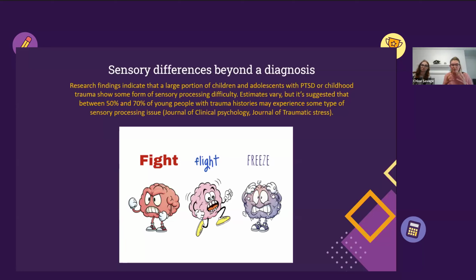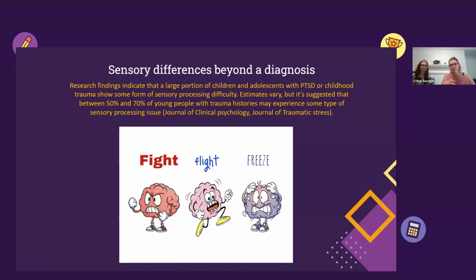Our brains don't grow in a vacuum. So everything that happens to us as children has the potential to impact the way our brain develops. And for children who have had ongoing repeated exposure to traumatic events, that's likely to have a big impact in the way these sensory systems have developed in the brain, and changed part of that brain structure.